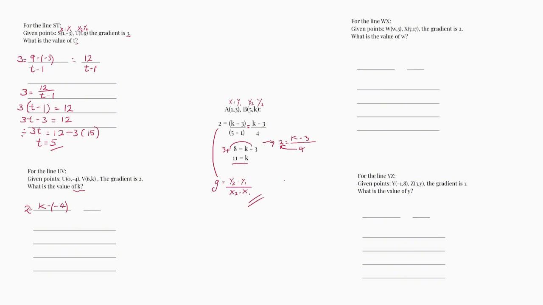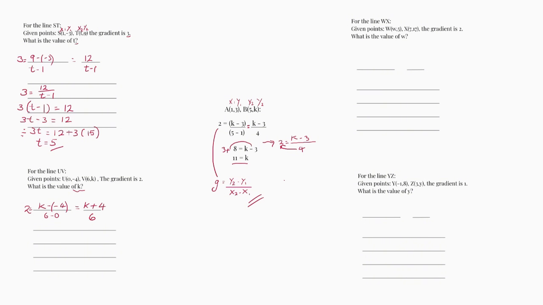And it's going to be all over 6 minus 0, which equals k minus, and a minus 4 is going to be k plus 4 all over 6.